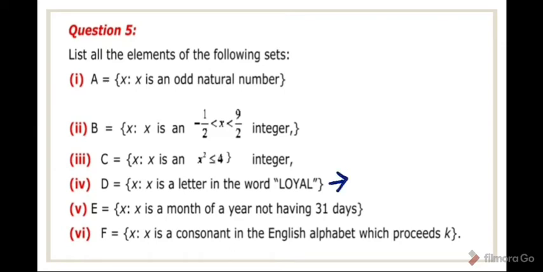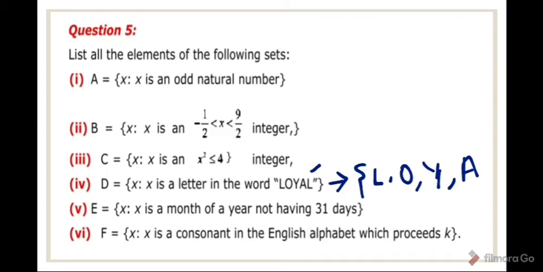If you change it into roster form, the first letter will be L, then O, then Y, then A. Now, there is another L in the word LOYAL, but you cannot repeat the same element twice in the set, or more than once in the set.